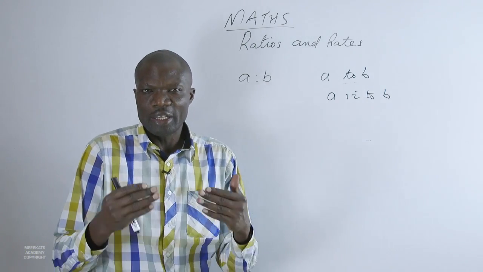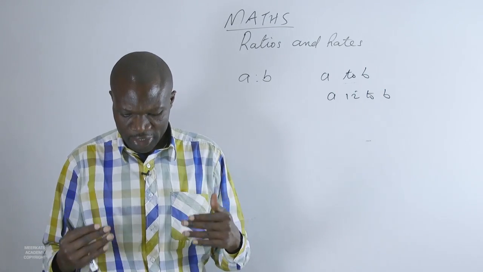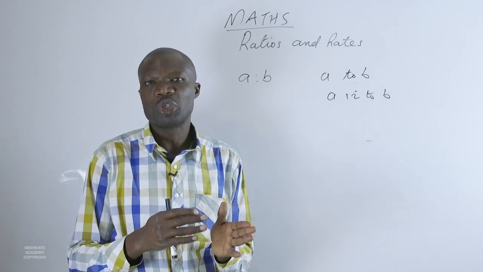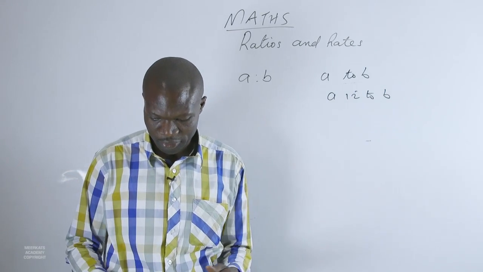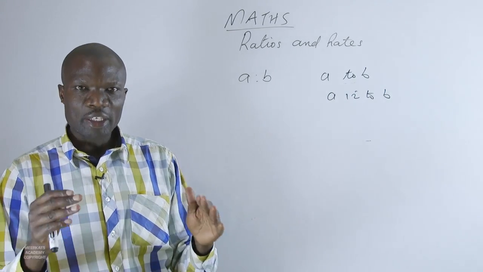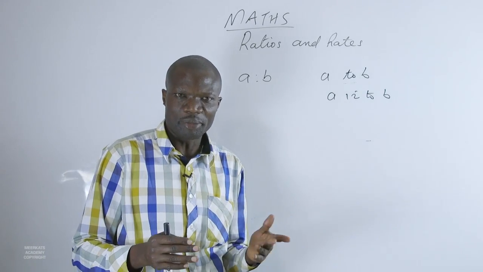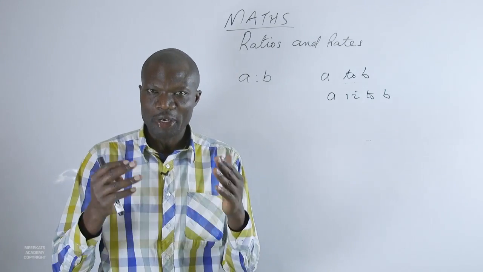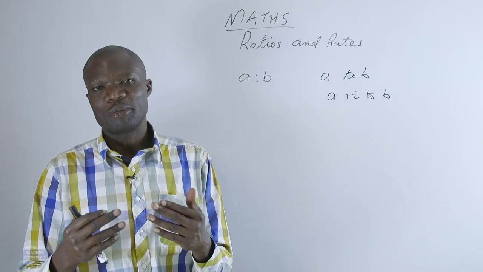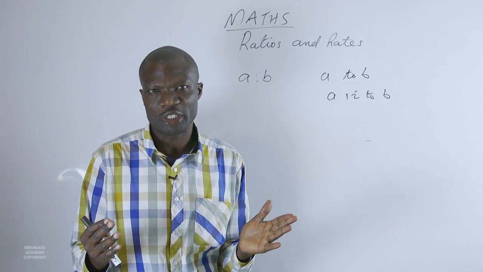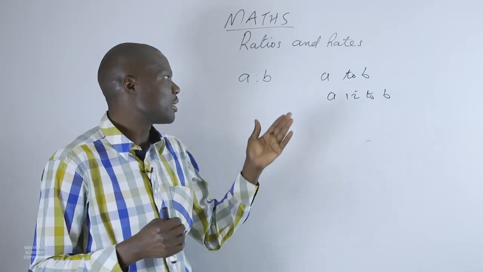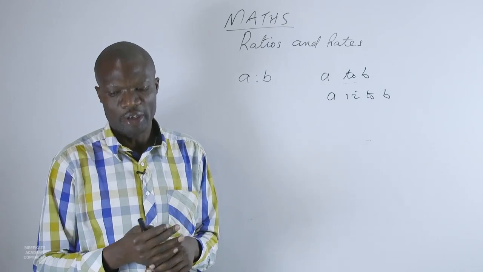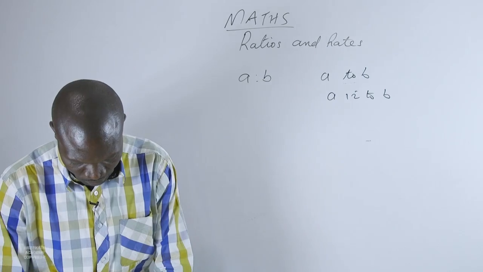So the ratio is a relationship between two or more quantities. These quantities must be of the same type and must also have the same units. The ratio should be written in the form of A to B, and it is read as A to B.